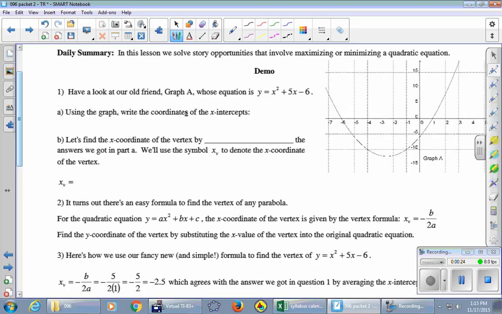In order to find the x-coordinate of the vertex, so remember the vertex is our fancy name for either the highest or lowest point on a parabola. So this guy right here is the vertex. In order to find the x-coordinate of that guy, we would have to take the two x-intercepts and do what with them?